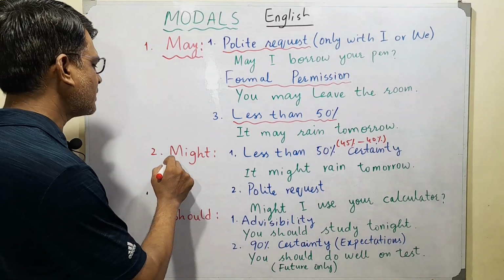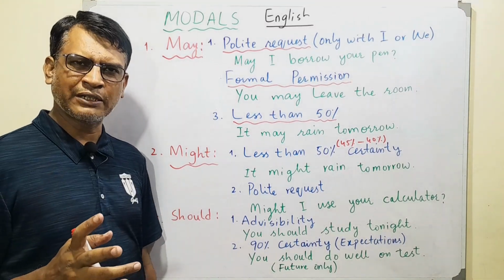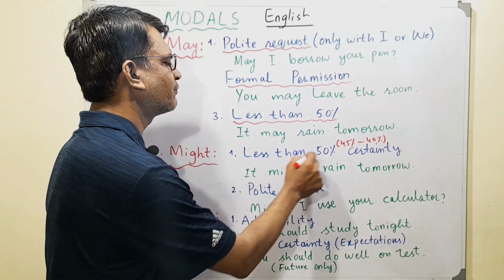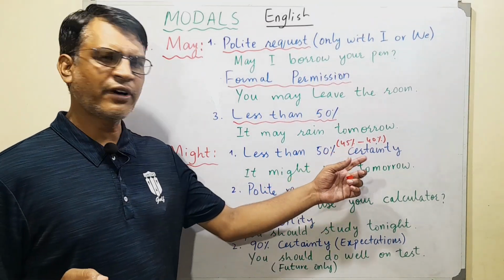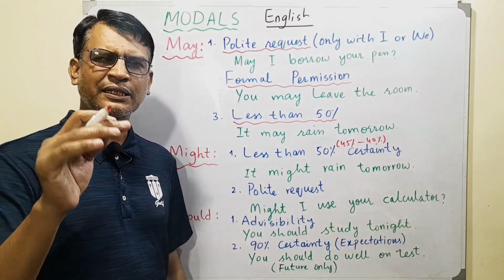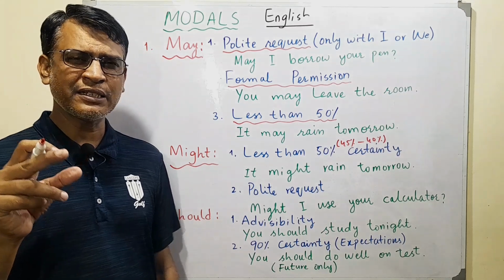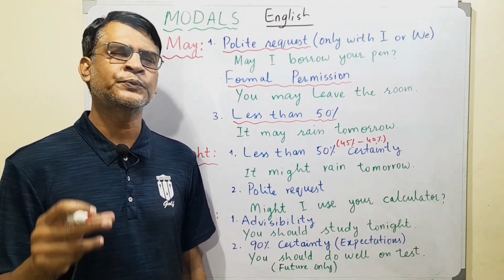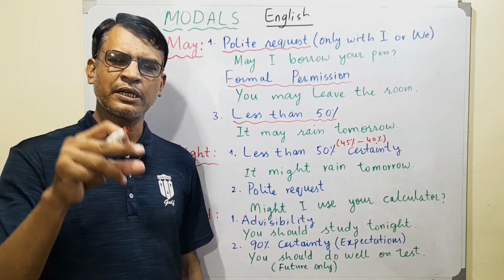The second modal is might. Okay, there are two usages that we have of might. The first is, again, a less than 50% certainty or possibility. Around 45 or 40% possibility. Might is a little less than may. So again, it is the attitude of the speaker. When I explained modals, I told you that modals are used to express the speaker's attitude.